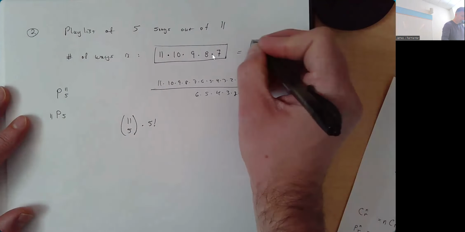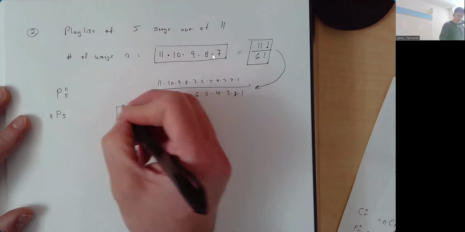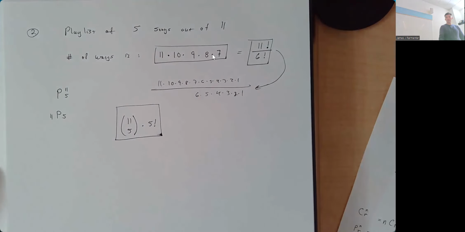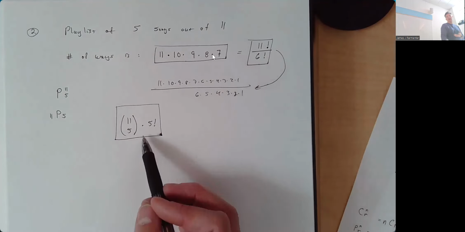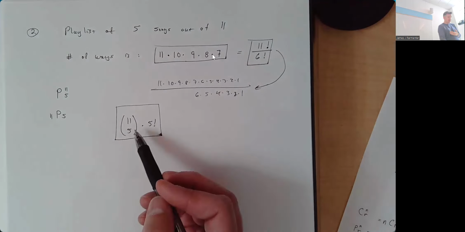All 3 of these ways of writing it are equal to each other. You should focus on the one that is easiest for you to conceptualize, which for me is this first one. But for you might be this one, might be that one. This one actually is not that bad, right?